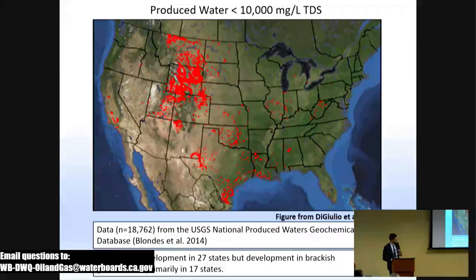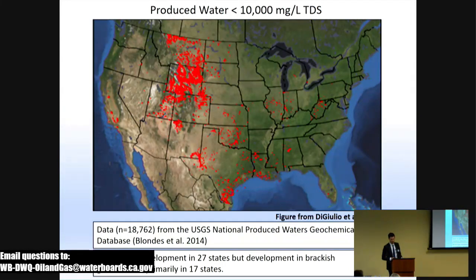My colleagues and I, this is my colleague Don DiGilio and Rob Jackson at Stanford, we reviewed produced water salinity concentrations across all 27 oil and gas producing states. And every red dot here is where produced water was below 10,000 milligrams per liter TDS.